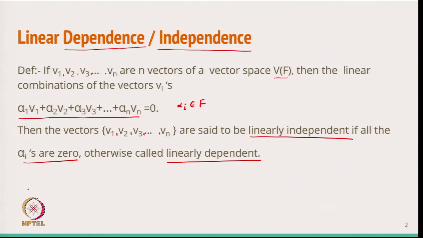Now, how can we check this? Let us start with an example. Suppose I take a set S made up of 3 vectors: (1, 0, 0), (1, 1, 1) and (1, 2, 3).